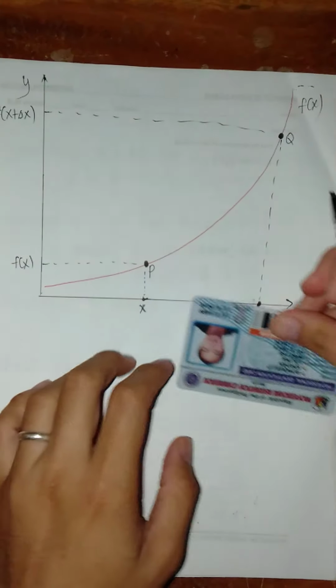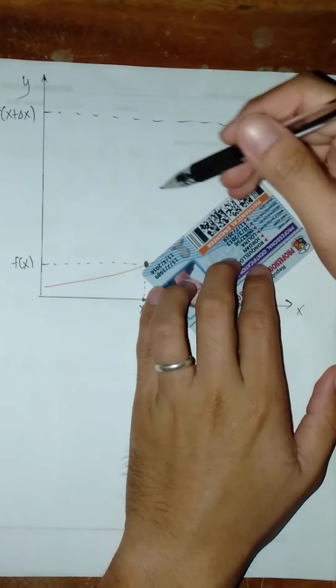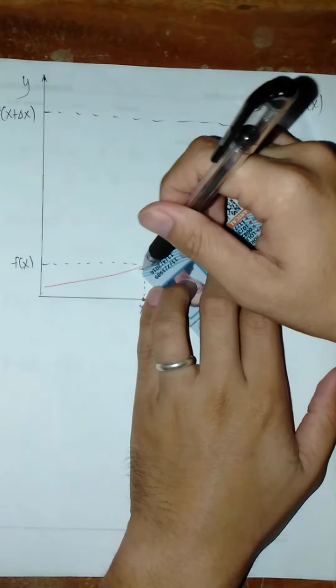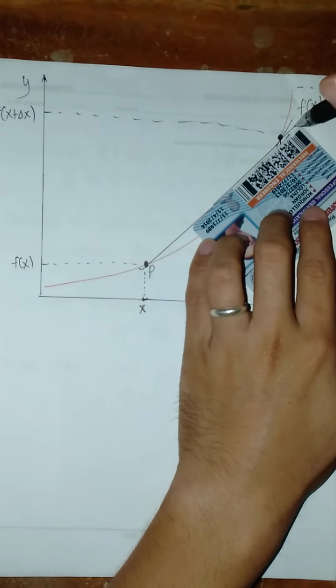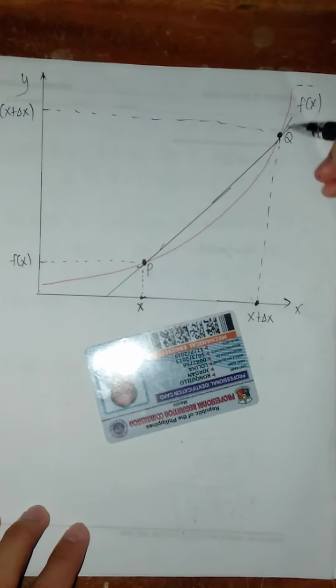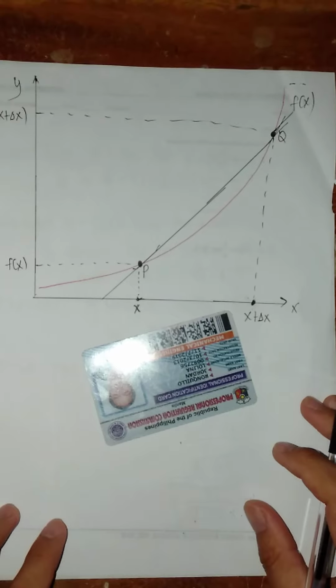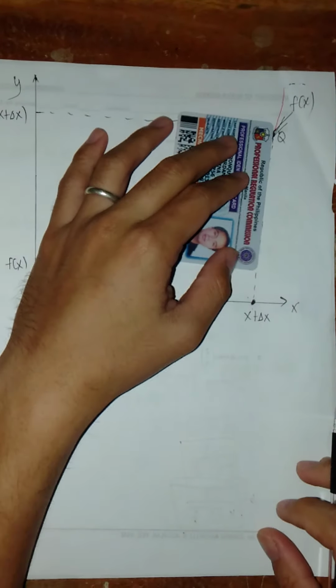So, of course, we can pass a secant line. So, drawing natin yung secant line muna. Let's draw the secant line. Ayan. So, by drawing your secant line, since secant line yan, you can create a slope, diba?